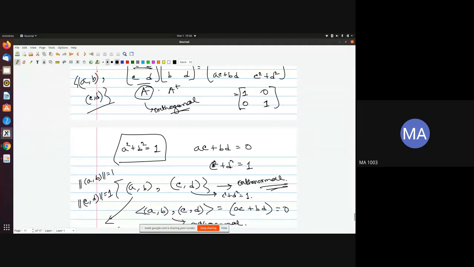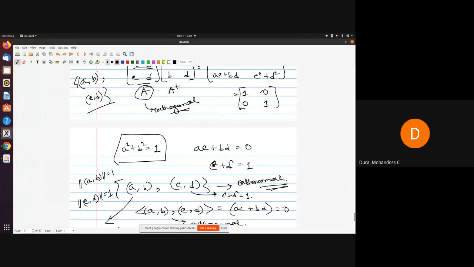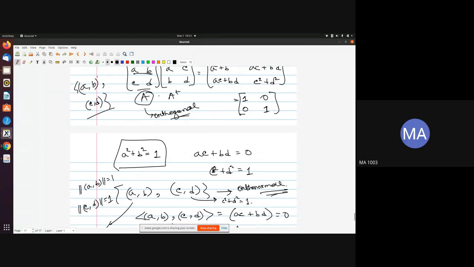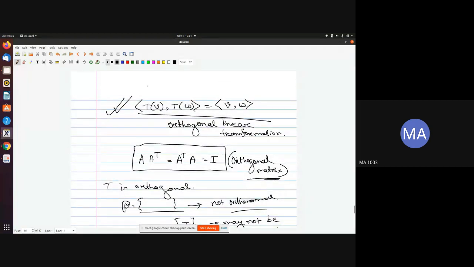Okay, so now the last statement may be here. Sir, one question. Suppose they give a linear transformation and then ask us to check whether it is an orthogonal transformation or not. So how do we check that? This condition, you have to check. Can you just give me some examples? Okay.